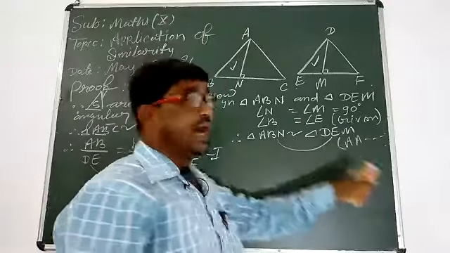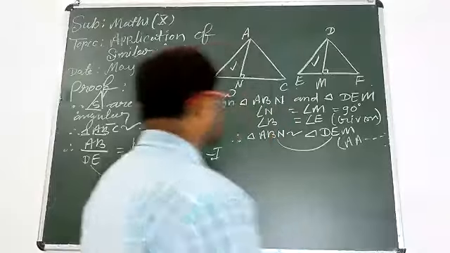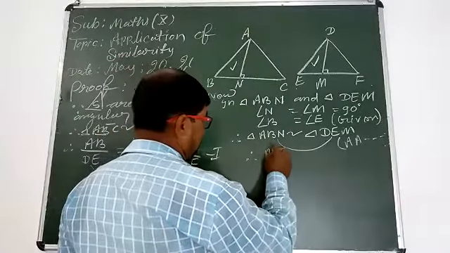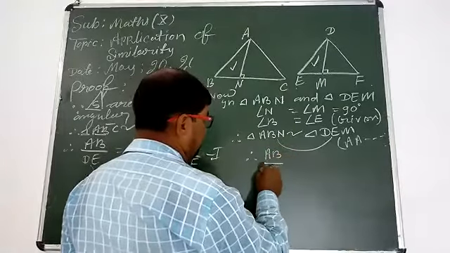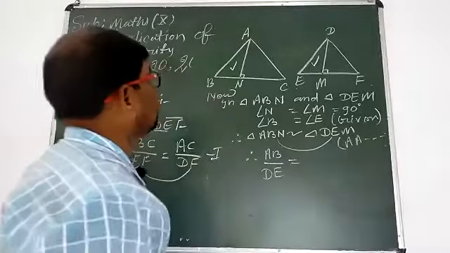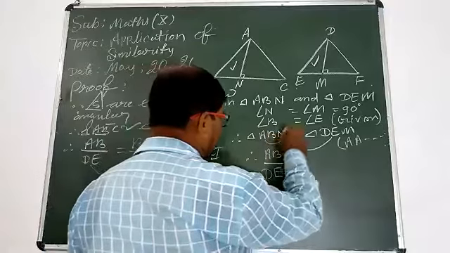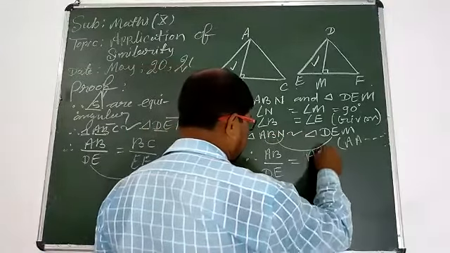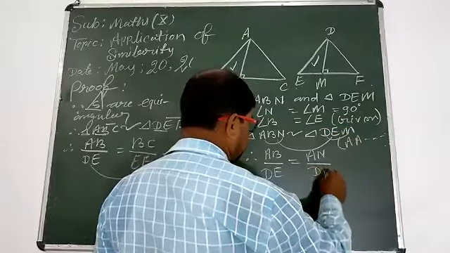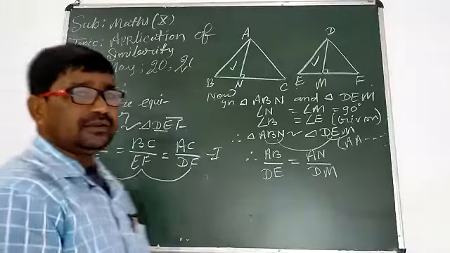If these two are similar, then their corresponding sides are proportional. So you can write AB upon DE equal to AN upon DM.